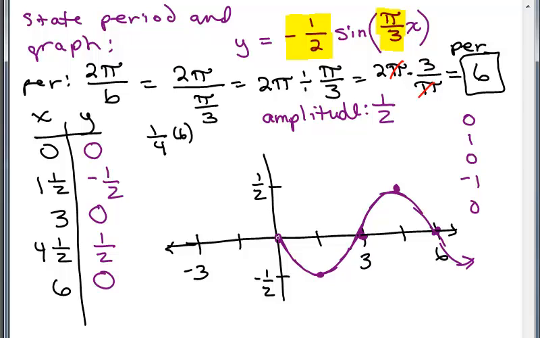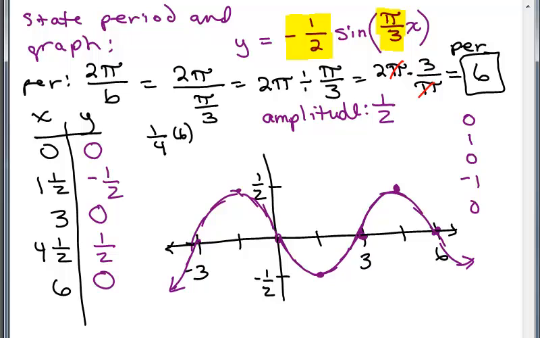Right, there we go. If I kept on going, I could get a little bit more. And then we've got about 1.5 cycles of the graph of y equals -1/2 sine of pi over 3x.